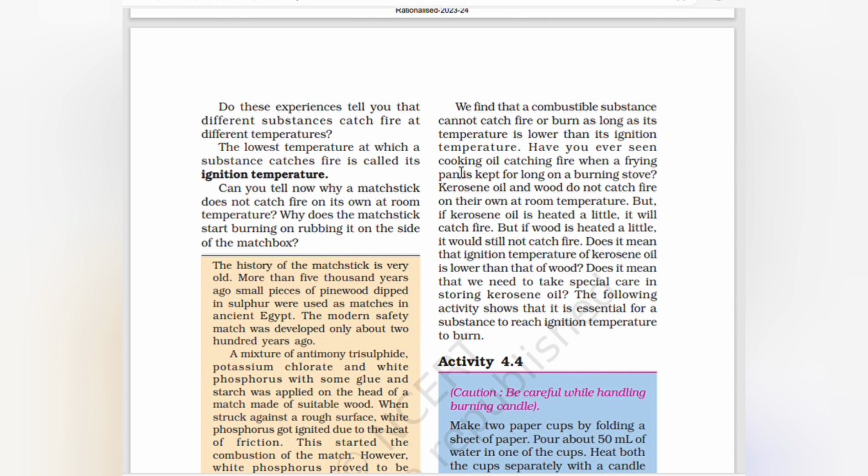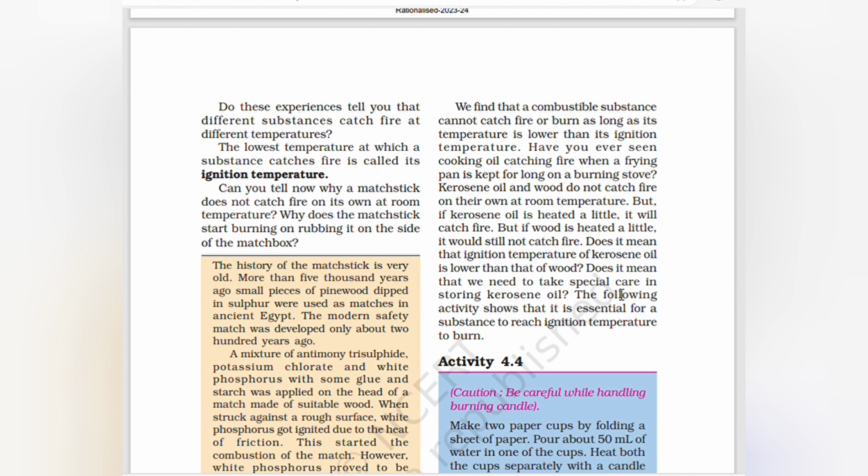Have you ever seen cooking oil catching fire when a frying pan is kept for a long time on a burning stove? Kerosene oil and wood do not catch fire on their own at room temperature. But if kerosene oil is heated a little, it will catch fire quickly, but if wood is heated a little, it would still not catch fire.